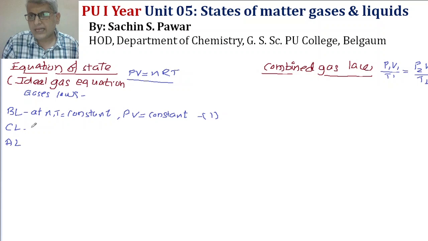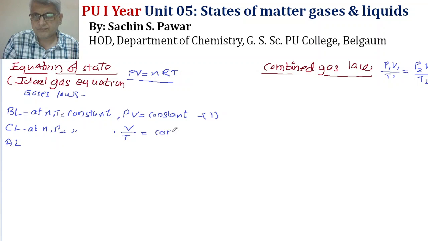Charles' law, we know that at fixed amount of gas at constant pressure, volume upon temperature is constant. That we know from our previous studies. And Avogadro's law is at constant temperature and pressure, volume upon number of moles is kept constant. This is the third statement which I have.